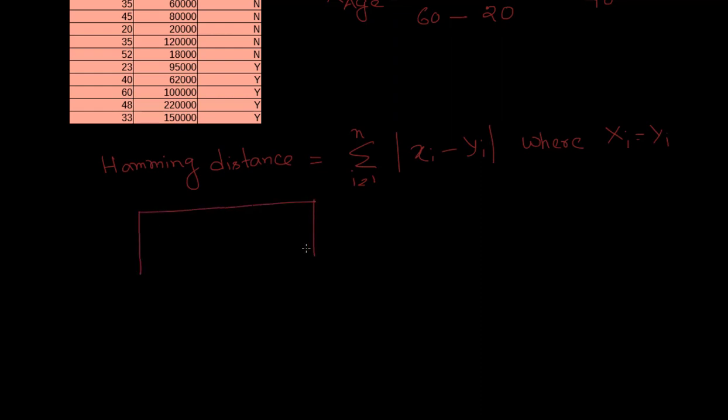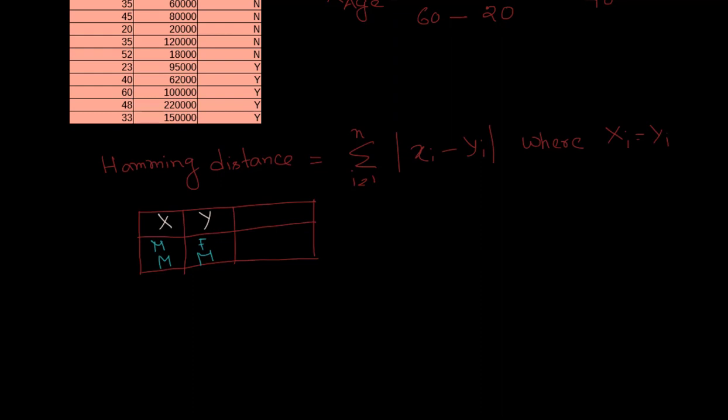So if I just draw a small table, suppose we have two features, let's say x, y, and we have some values, let's say male, female, male, male.